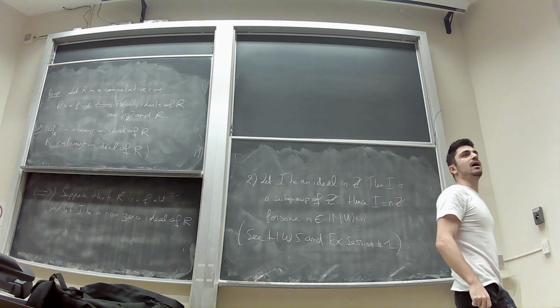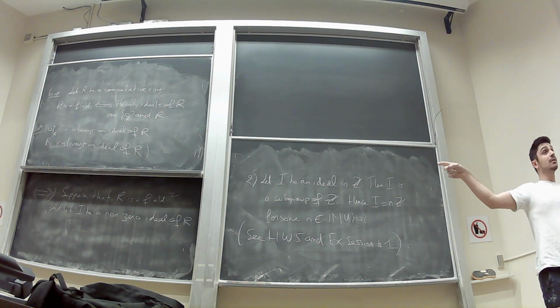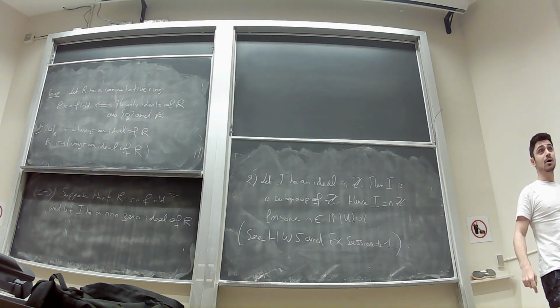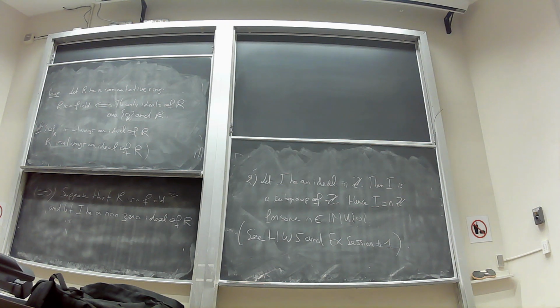I want to show that I is equal to R. Very good. Now if R is a field and I is a non-zero ideal, what can I say about I? What does it mean to be a non-zero ideal? It contains a non-zero element, right?